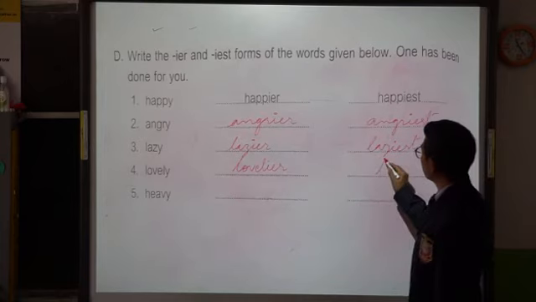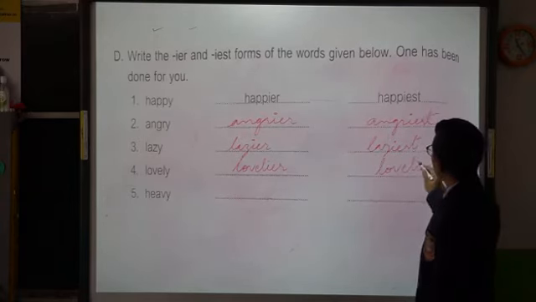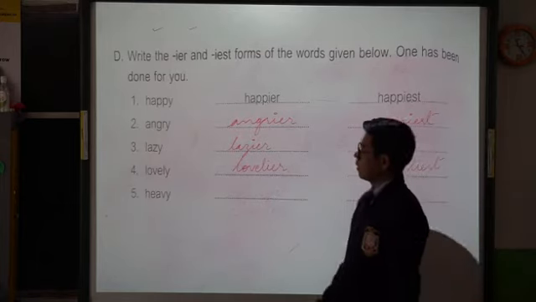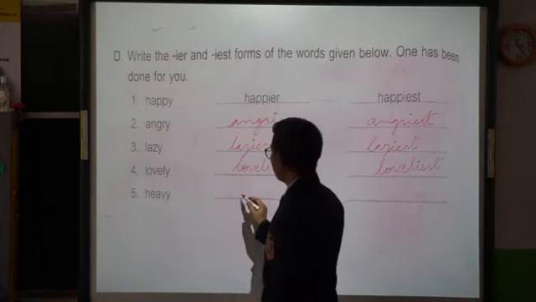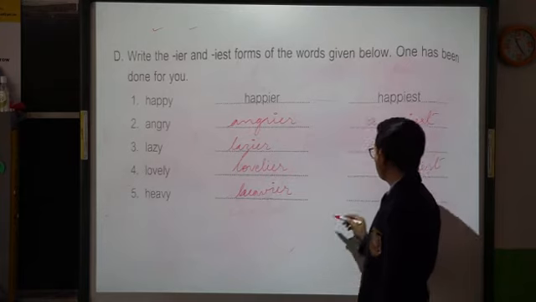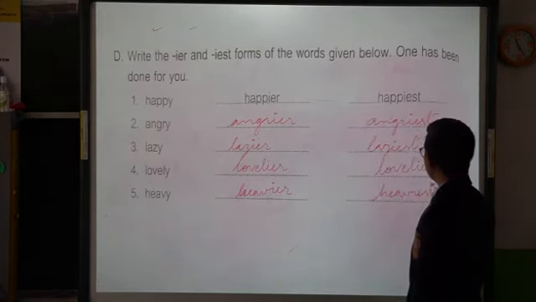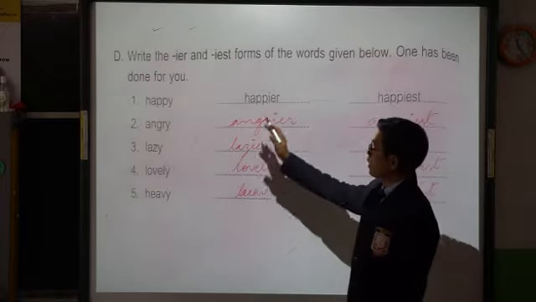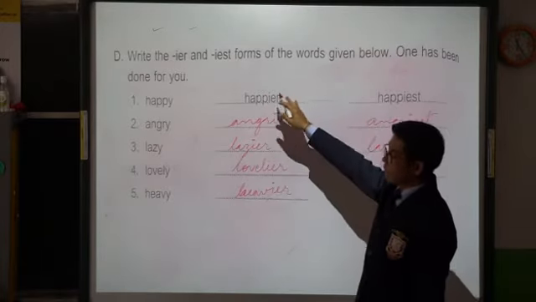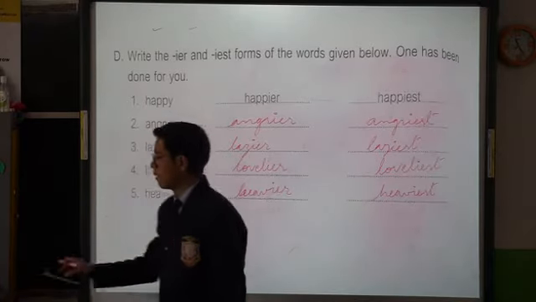Superlative, loveliest. Then heavy, heavier, heaviest. So we have put IER in comparative and IEST in superlative. Alright?